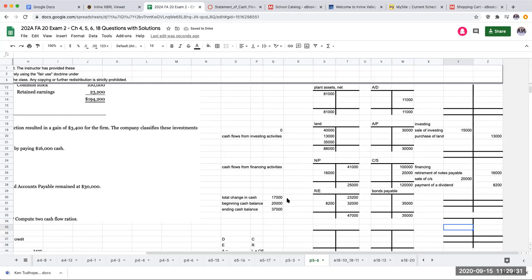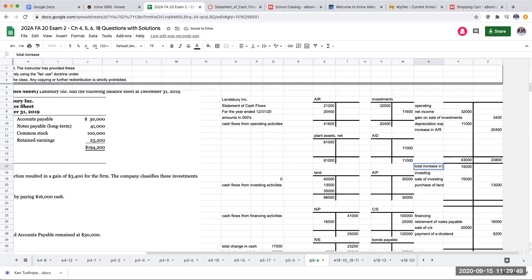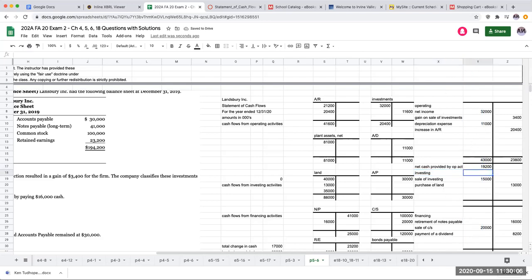What I need to do is make sure the total change in cash works out. My net cash provided by operating activities is going to be 19,200.